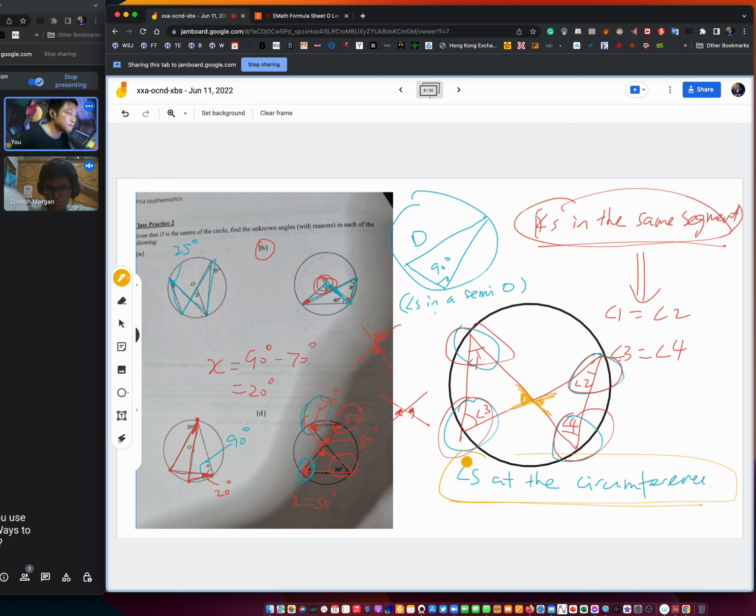So I think till now we have learned 3 rules: angles in the same segment, angles in a semicircle, and of course the angle at center is 2 times the angle at circumference. That particular one, not all.